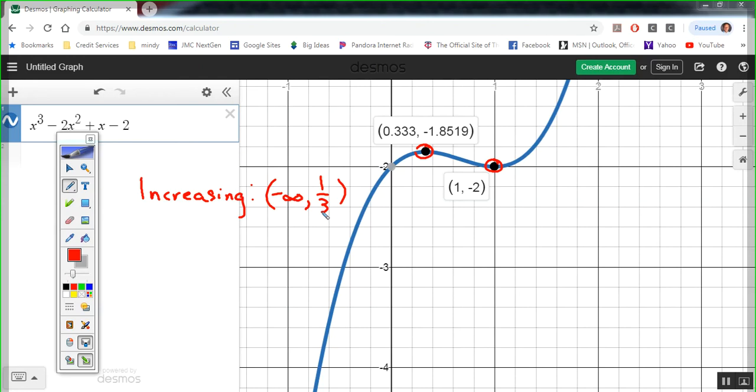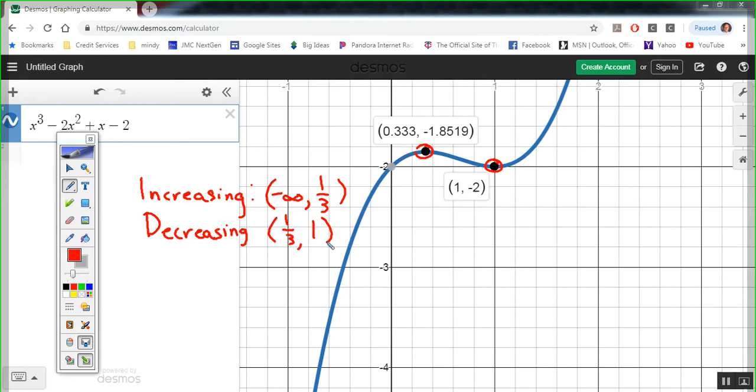Then from 1/3 to 1, what happens, kids? Is it increasing or decreasing here? Okay, so we're going to say this thing is decreasing from your x values of 1/3 to 1. Then, is it increasing anywhere else, kids? Well, yeah.